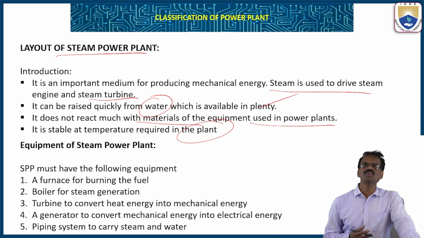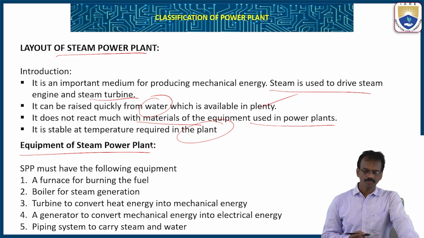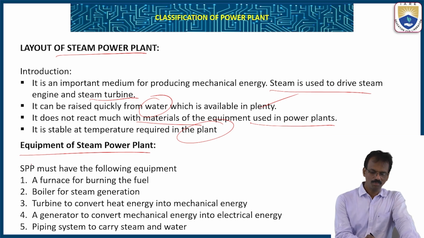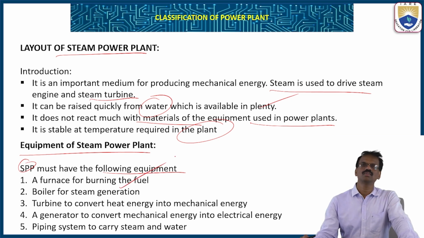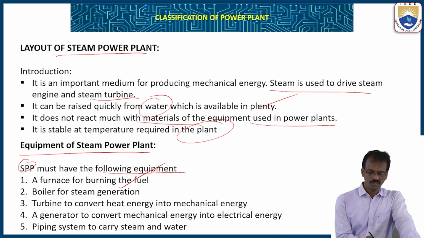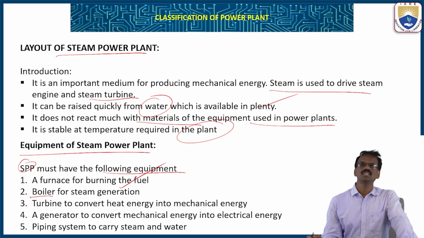Now we'll see what are the important equipments used in the steam power plant or thermal power plant. It must have the following equipments. First, a furnace for the purpose of burning the fuel. Fuel is nothing but coal or anything else. Second one is the boiler, for generation of the steam.